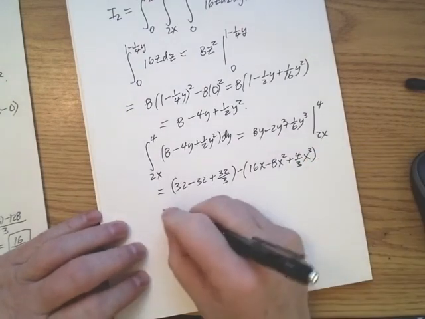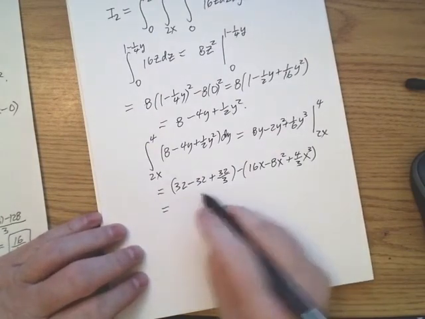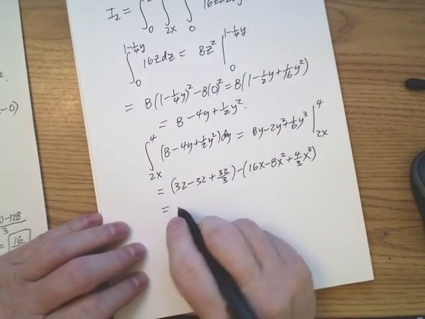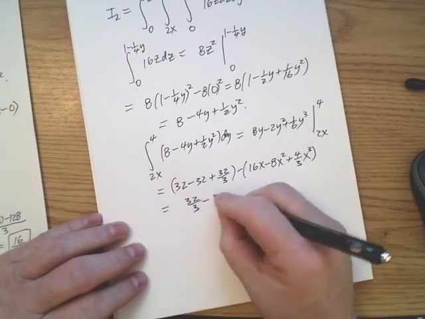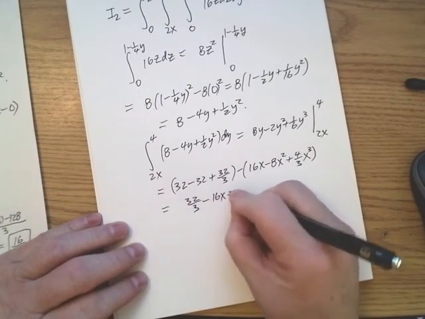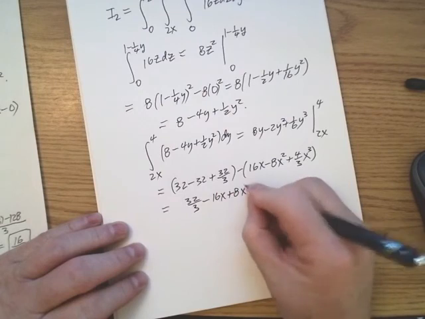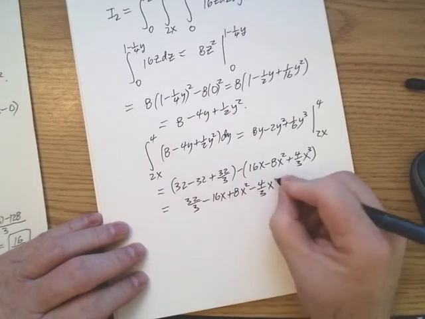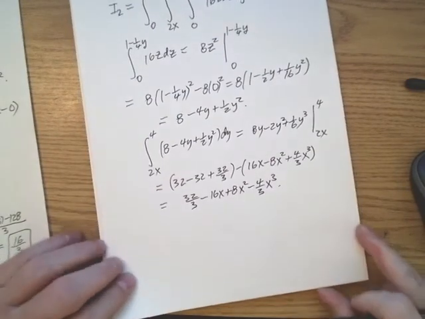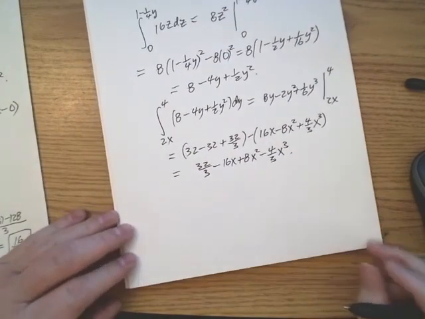Okay, what are we getting here? What does this amount to? We've got 32/3 minus 16x plus 8x squared minus 4/3 x cubed. Okay, modulo any errors I might have made.